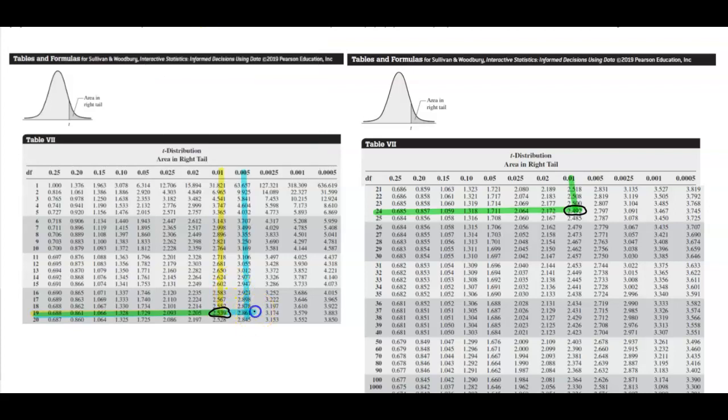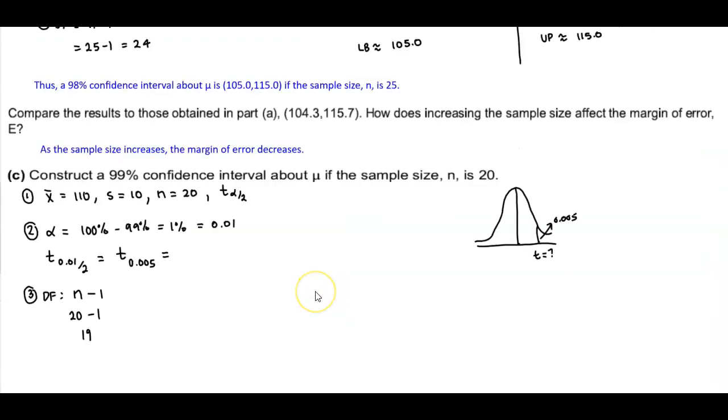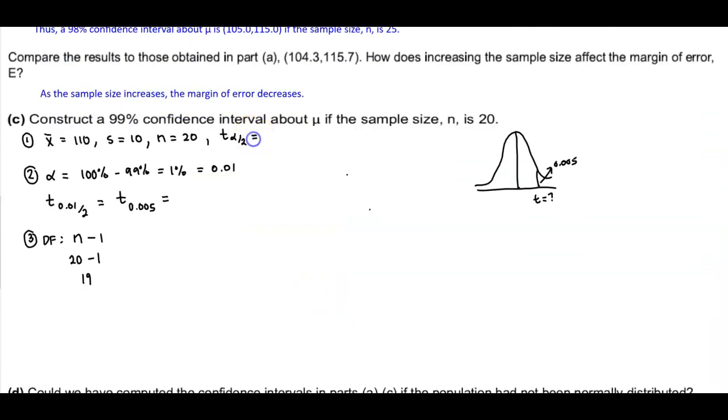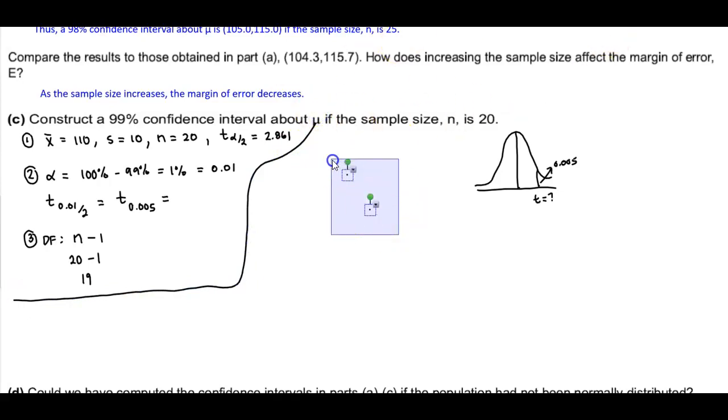And therefore the critical value is 2.861. So the critical value here is 2.861.